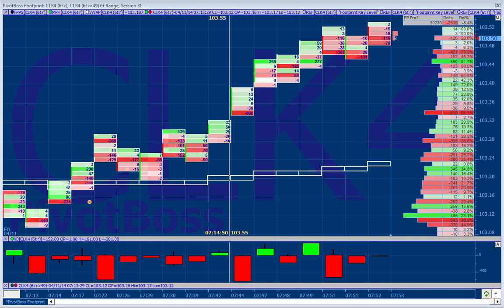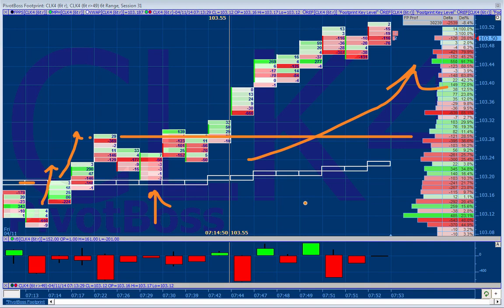Now what you'll notice early on, and you'll see this in pre-market trading before price finds its overall direction, is price pushes through VWAP. And when it pushed through VWAP and reached a high right here, which is 103.29, look what happened.